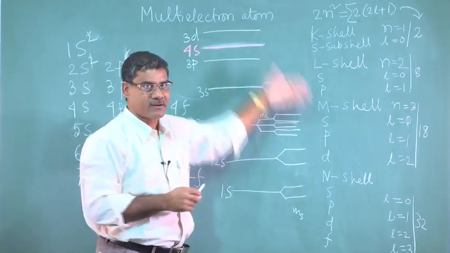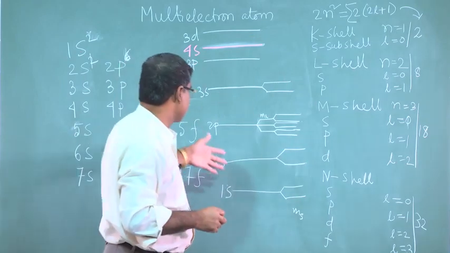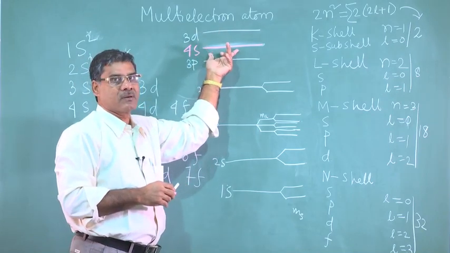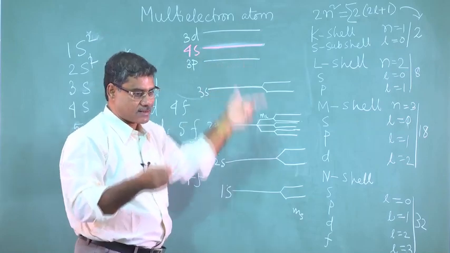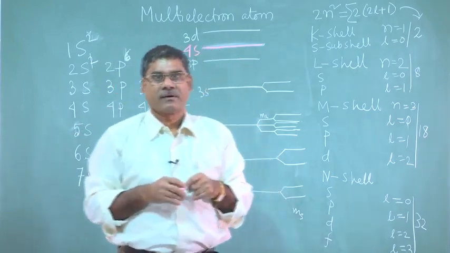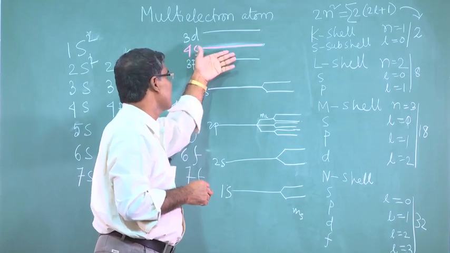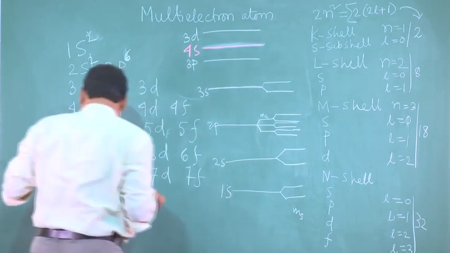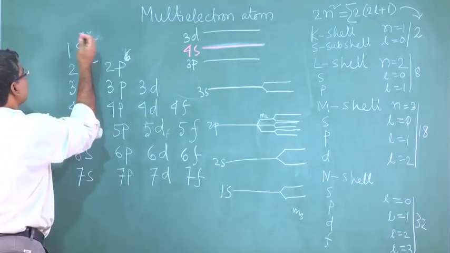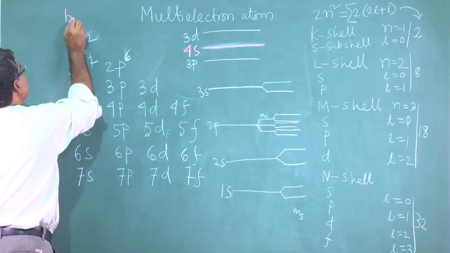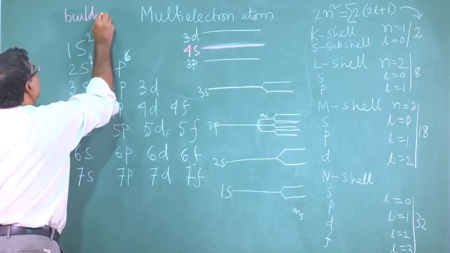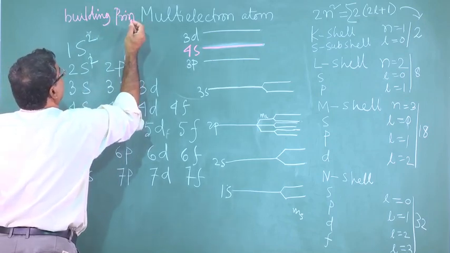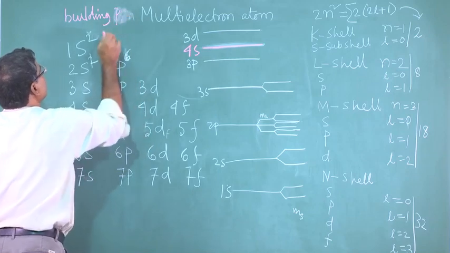Now, it is deviating from the normal sequence as per the energy expression. This is because in a multi-electron system, as I told, some other interaction will be present, and because of that there is this deviation. So, what will be the sequence of the energy levels? One can follow the building up principle, the Aufbau building up principle.